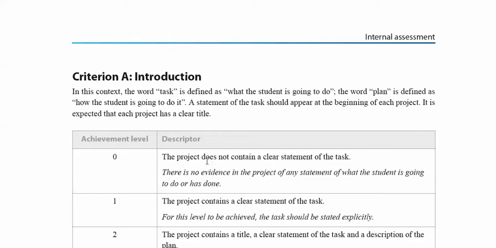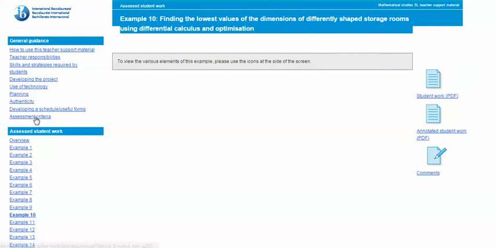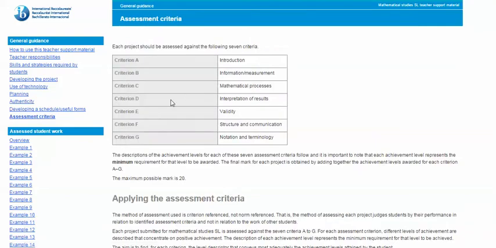Okay, so statistical analysis. Let me just talk you through the criteria very quickly, first of all. The criteria is based on the following things. You get a mark awarded for your introduction, for your information and measurements, that's like your data.